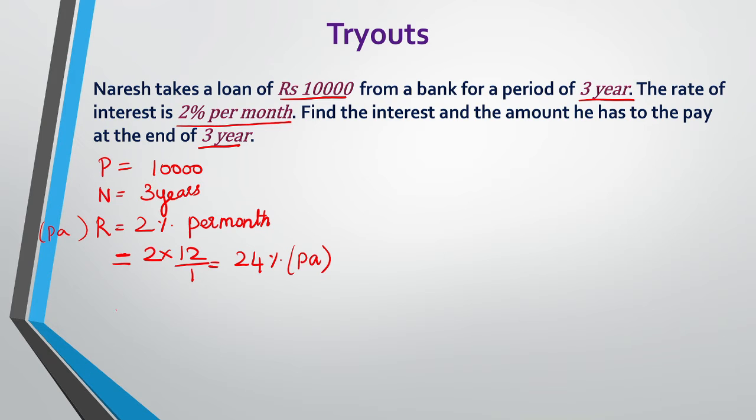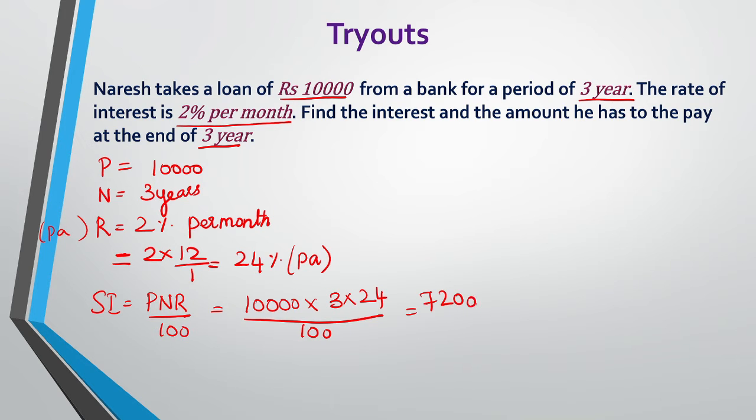Now we just have to substitute the values in our simple interest formula. So SI is equal to PNR divided by 100. So P is equal to 10,000 multiplied by 3 multiplied by 24 divided by 100. We get the answer as 7,200.